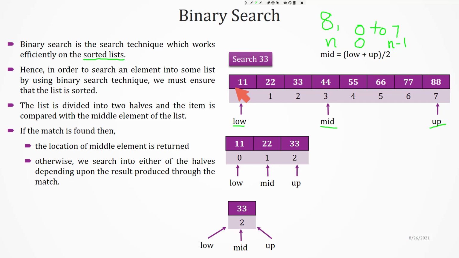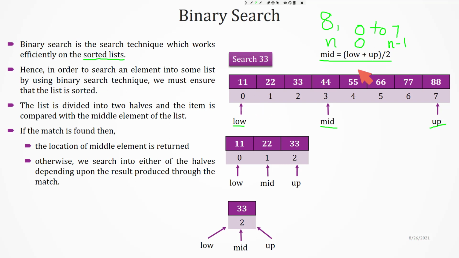This array is sorted. First we assign low to 0 and up to n minus 1, here it is 7. Then we find mid by the formula low plus up by 2.